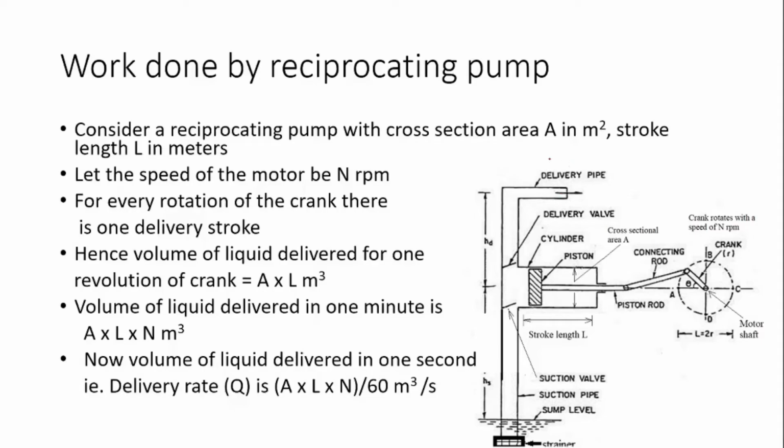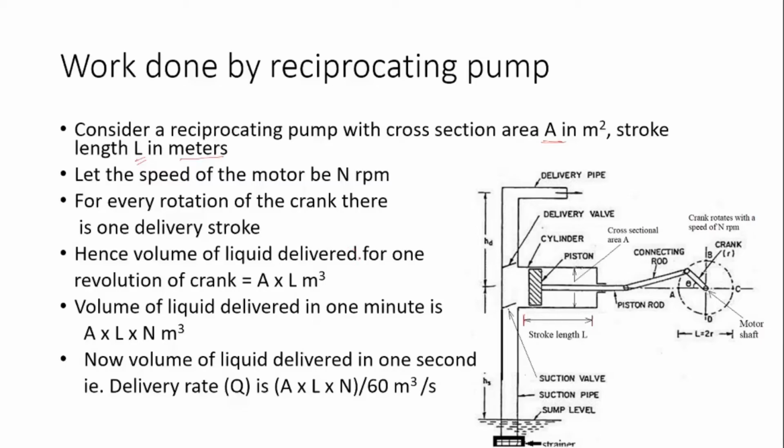Let's assume the cross-sectional area of the cylinder is capital A in meter square. The stroke length is the distance from the extreme left position of the piston to the extreme right position of the piston, represented by capital L and measured in meters.